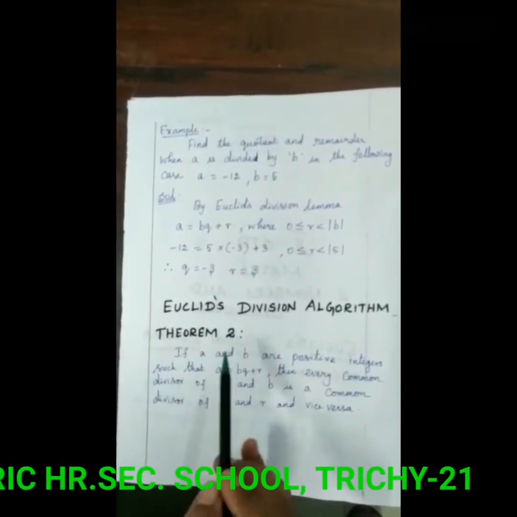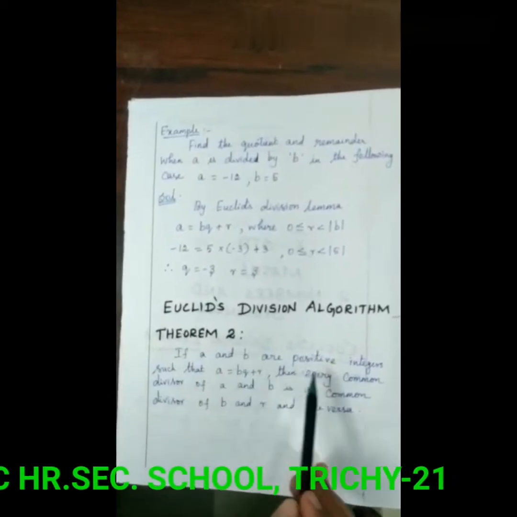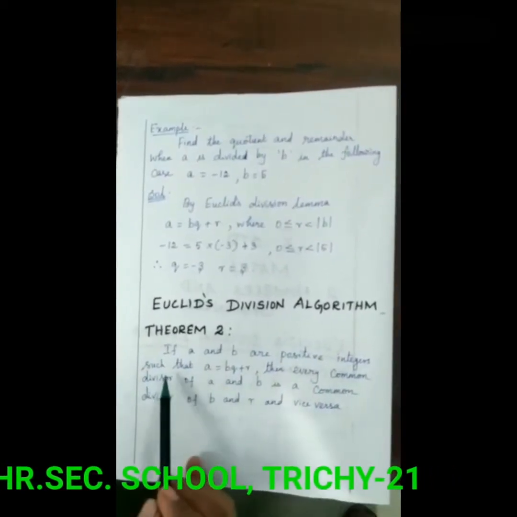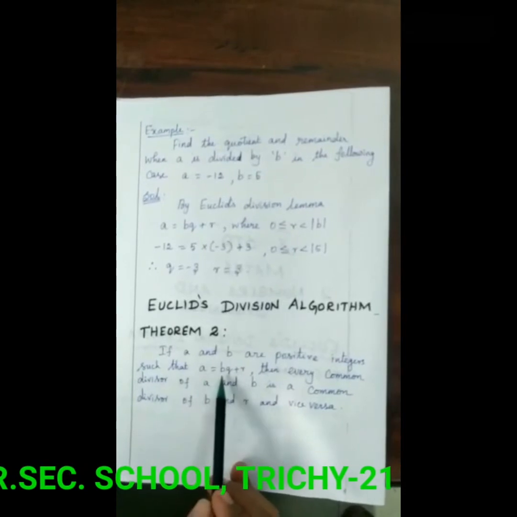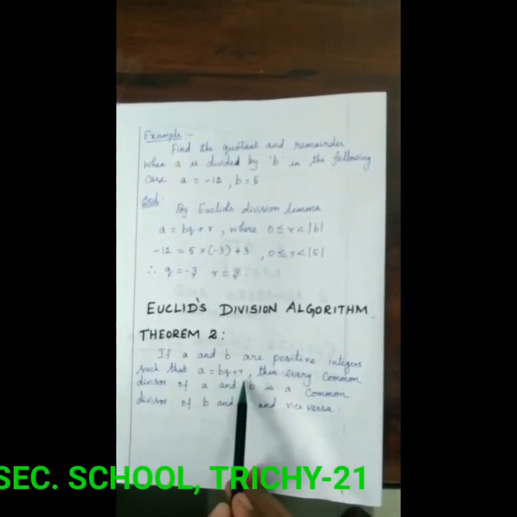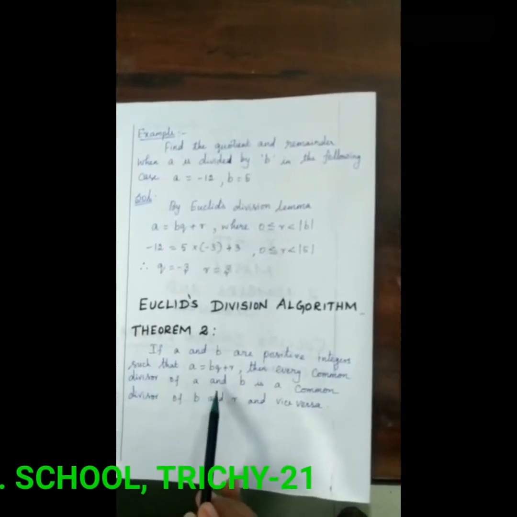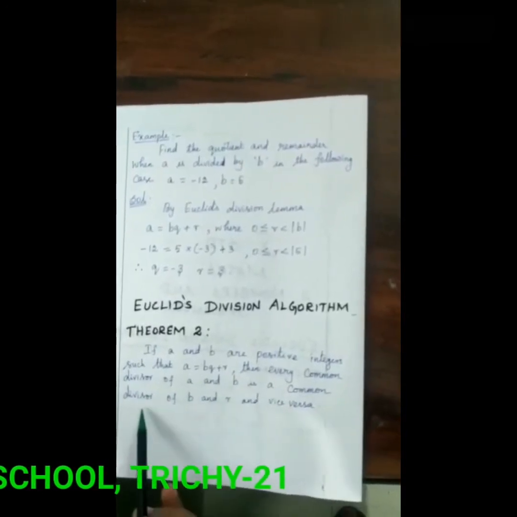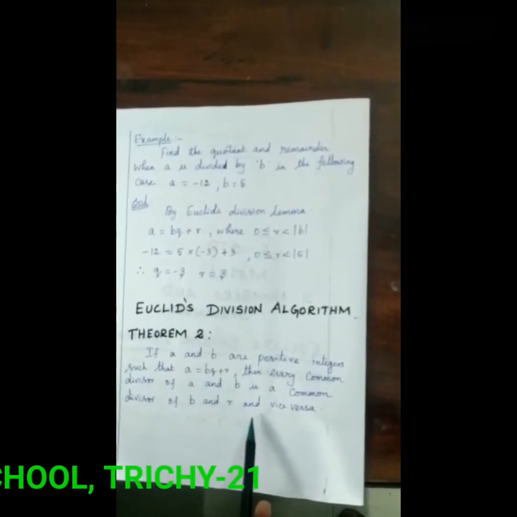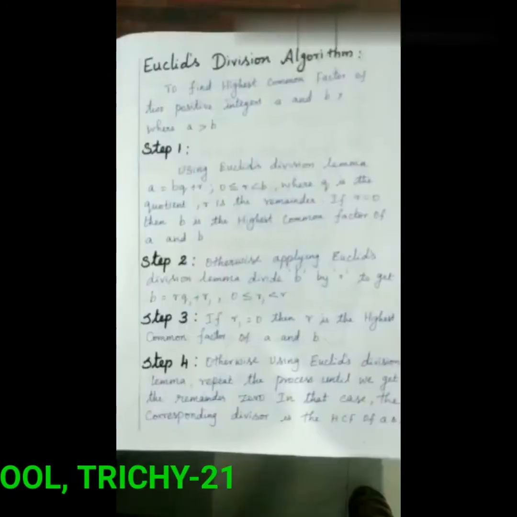Theorem 2. If a and b are positive integers such that a is equal to bq plus r, then every common divisor of a and b is a common divisor of b and r, and vice versa.